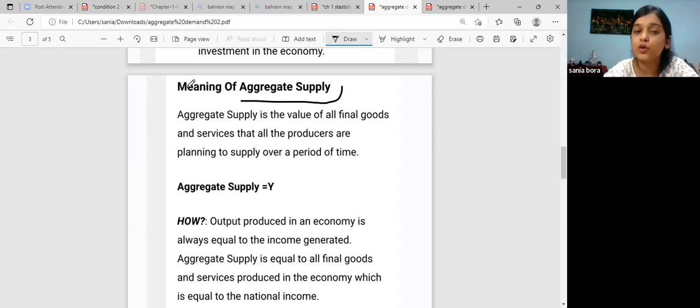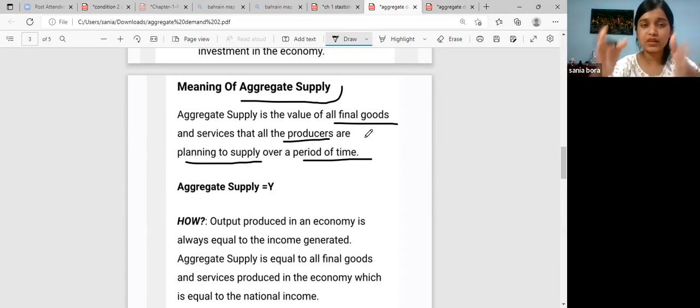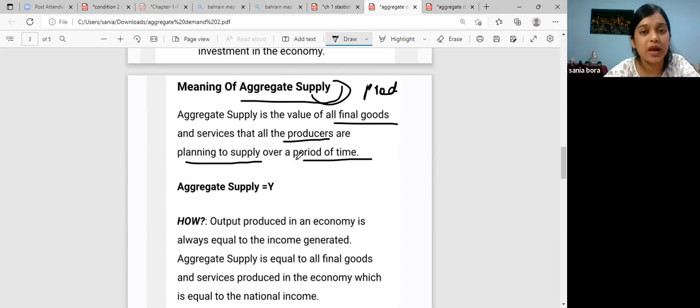So, meaning of aggregate supply. Aggregate supply is the value of all final goods and services that all the producers are planning to supply over a period of time. Aggregate demand was the total value of all the goods that the consumers were demanding, right? But aggregate supply is the value of all final goods and services that all producers are planning to supply during an accounting year.